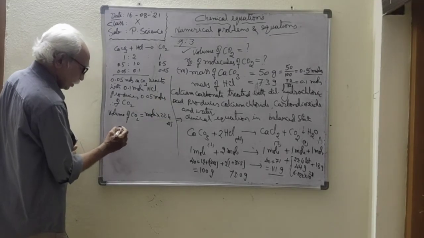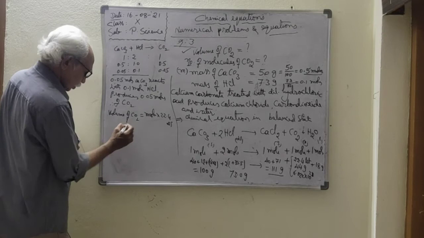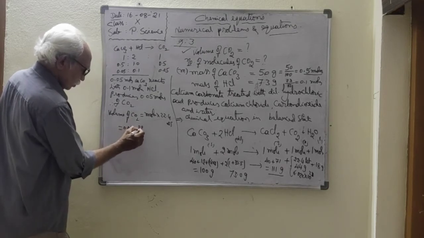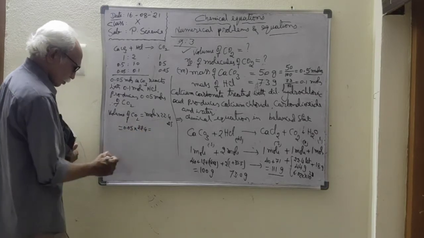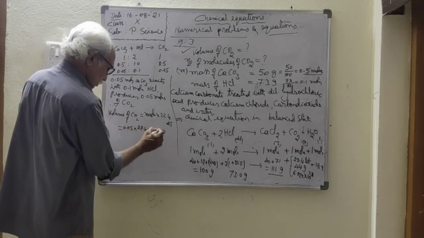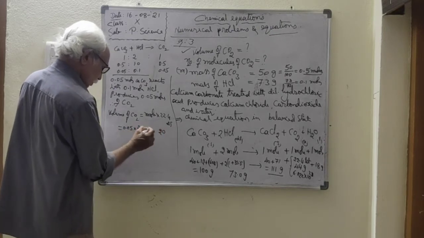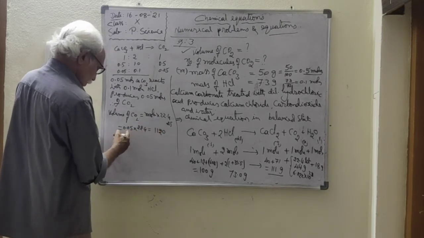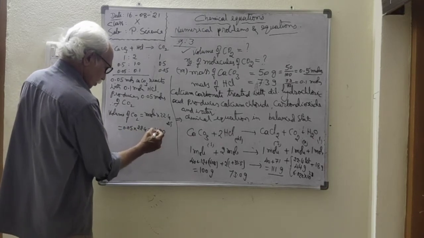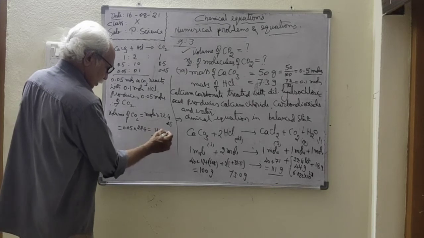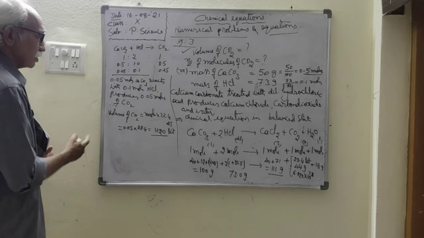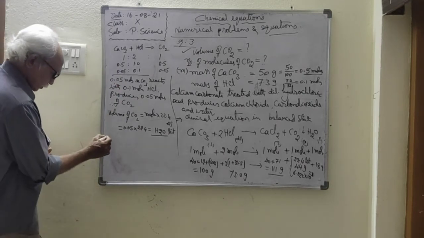So it is equal to 0.05 into 22.4, which is 1.12 liters of carbon dioxide, that is the volume. Next, second one, number of molecules.